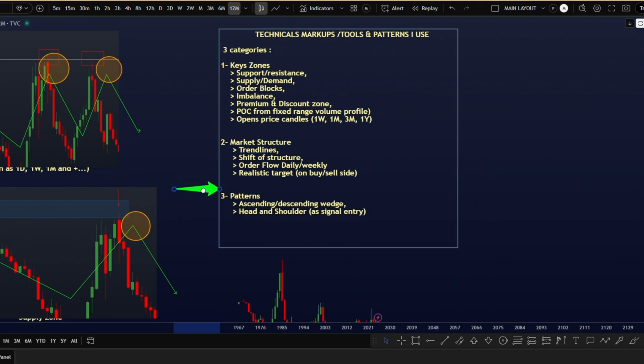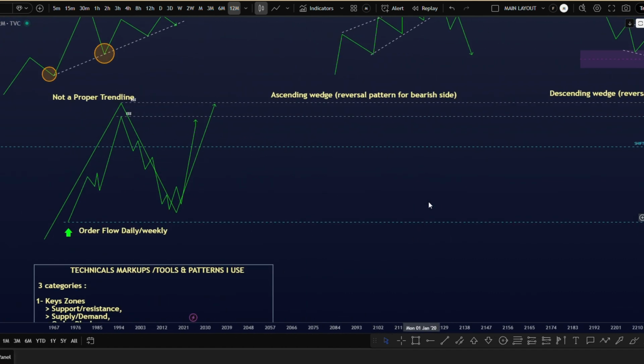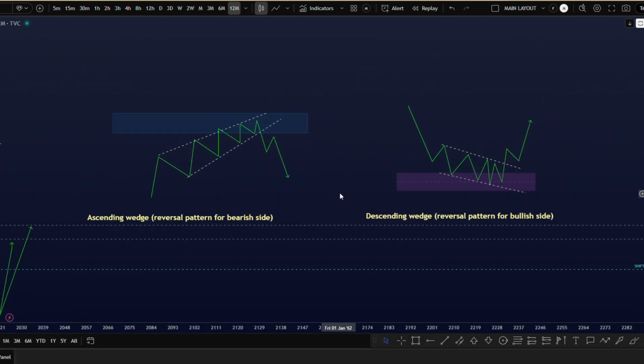The last one will be the patterns. The patterns I use are simply the ascending and the descending wedge. The ascending wedge is a succession of higher highs and higher lows, with price squeezing to the top.